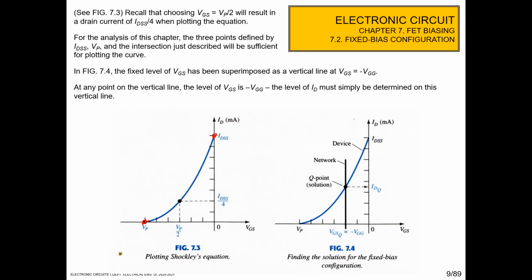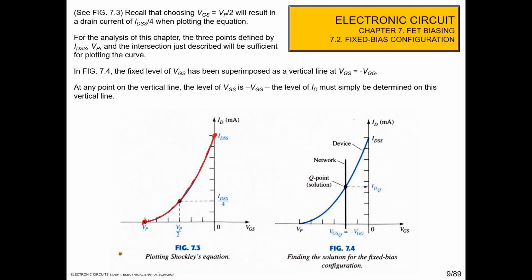I explained this procedure in the last subchapter when I discussed the FET. If you forget how to plot the blue line, the device characteristic, see my previous explanation about the basics of FET. The third point is when ID is IDSS/4, VP is VP/2. So we can draw the FET characteristic here.